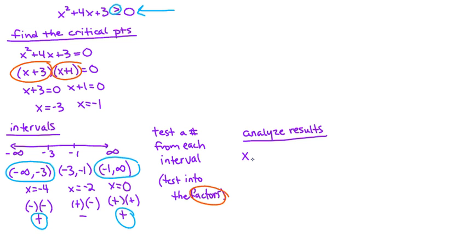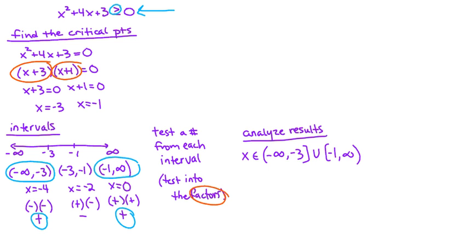So we're going to say x is an element of the interval from -infinity to -3, and the way we show we're including it is we put a square bracket around it, or, union sign for or, the interval from -1 to infinity, square bracket around the -1 to indicate we're including it. That's what our answer looks like in interval notation.